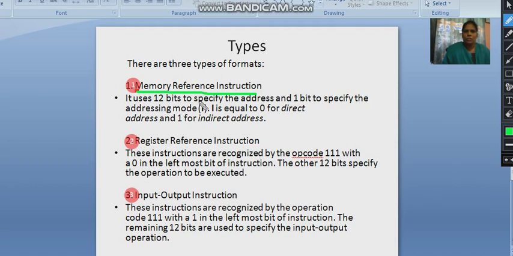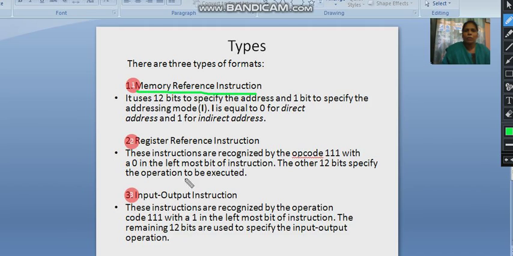Memory reference instruction uses 12 bits to specify the address and 1 bit to specify the address mode. I is equal to 0 if direct, and it is 1 when it is indirect. Now second is register reference instruction. These instructions are recognized by the opcode 111 with a 0 in the leftmost bit of the instruction.